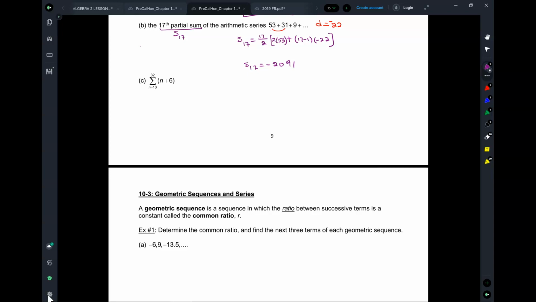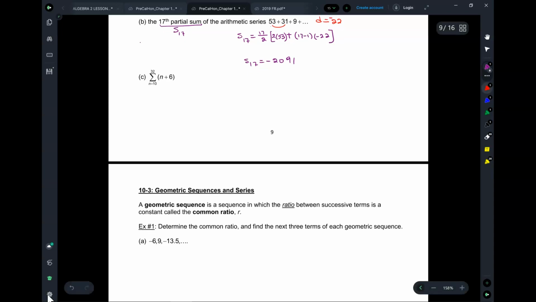So how are we going to do this one? First of all, the book makes these n's, and it's not cool. Let's change these to k's. They shouldn't be the same as the variable inside.